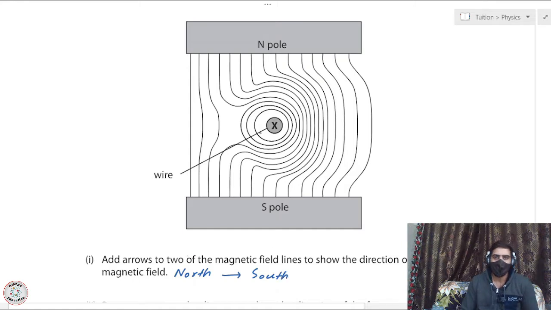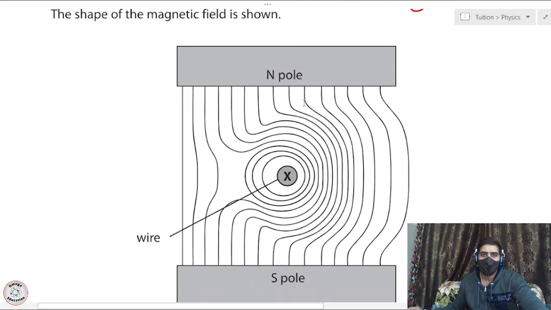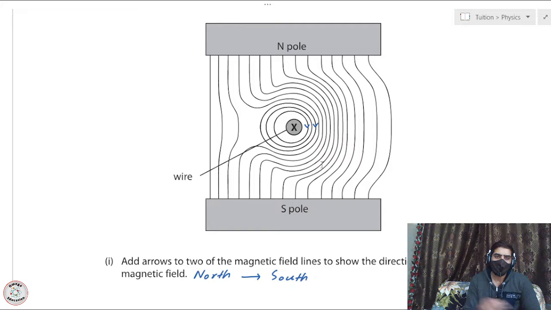So you have to choose any two of these magnetic field lines and draw the arrows in such a way that the arrows are from the North Pole towards the South Pole. You can draw two arrows on any of these two lines. You don't need to draw exactly near the conductor, you can draw it anywhere.